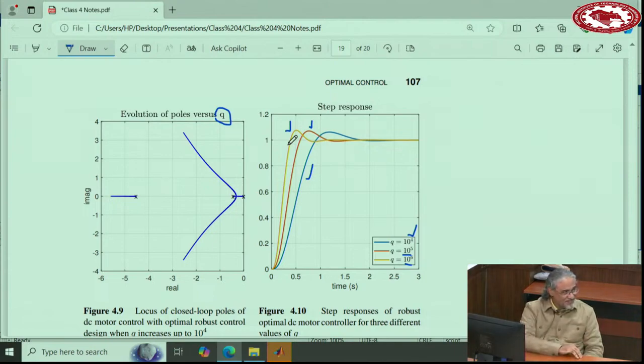If in the transfer function approach you try to speed up the system, the system starts oscillating more. But here, because we are really getting the best solution, that best solution minimizes all the oscillations. So we will get about 5%, 6% overshoot. And if you want to make the response faster, you just increase q.